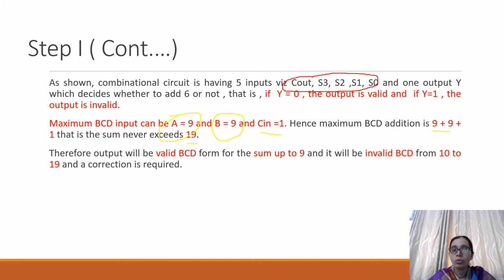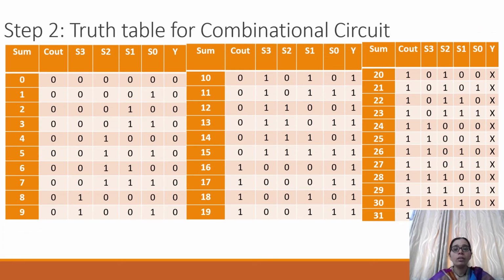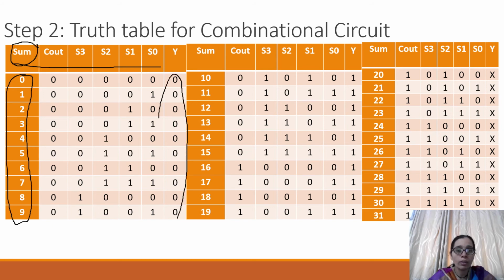So let us see now the truth table. As I have mentioned, 2 raised to 5 combinations will be there as 5 inputs are there. Here the 5 inputs are Cout, S3, S2, S1 and S0, and I have included a column for the sum. Whenever the sum is 0 to 9, then the BCD is valid, therefore Y is equal to 0, as you can note here.